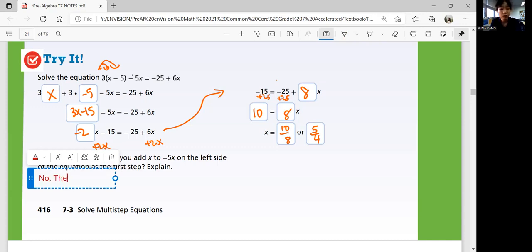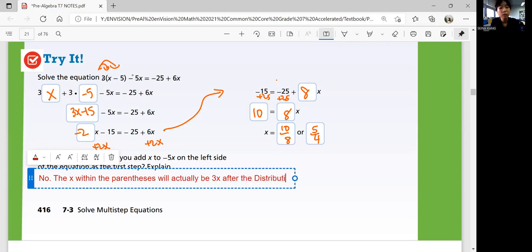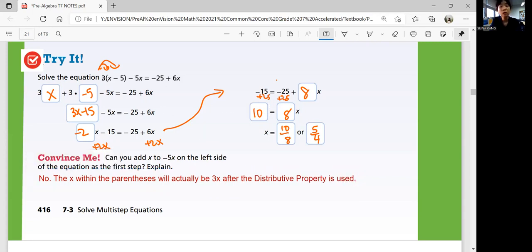The x within the parentheses will actually be 3x after the distributive property is applied. So the order of operations is very important.